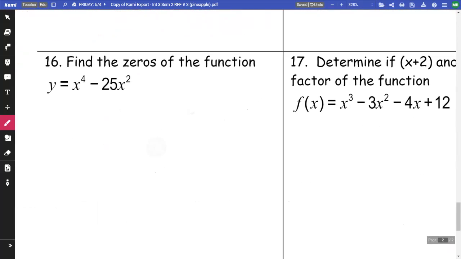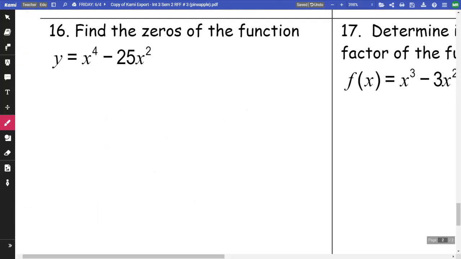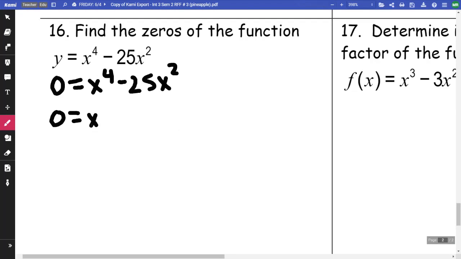Okay, on number 16, if you want to find the zeros, that means we basically want to know what the x-intercepts are. So it's really set equal to 0 and we're solving. So I can factor out an x squared from both of these and I get an x squared minus 25.